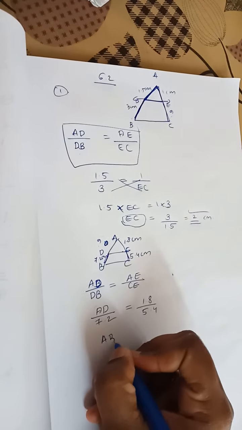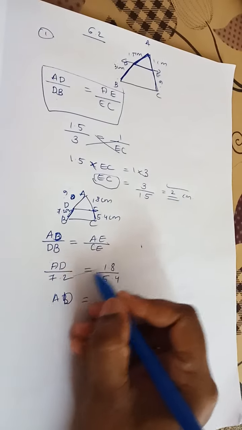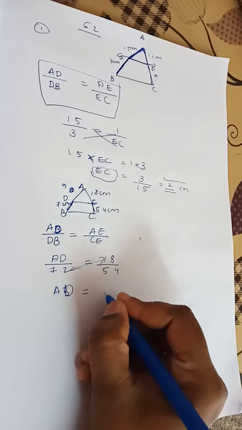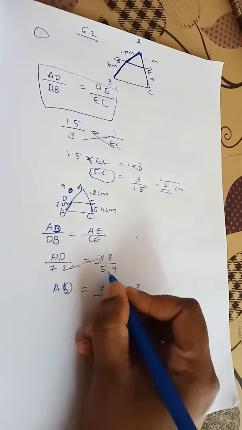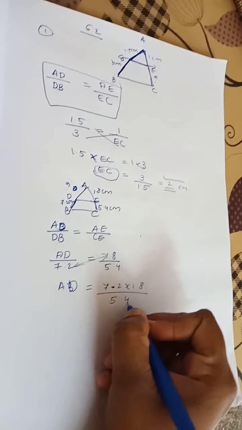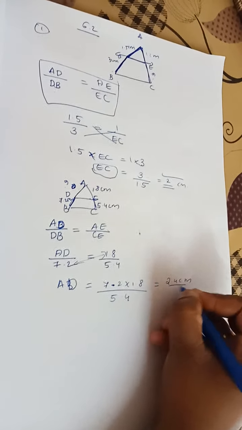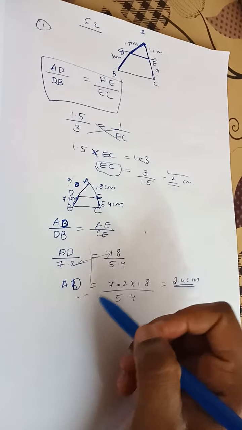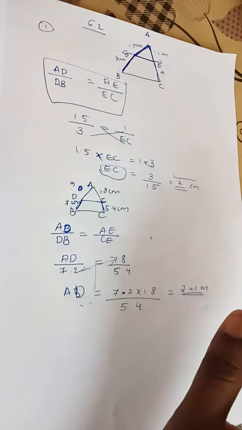To find AD, cross multiplication: 7.2 into 1.8 divided by 5.4. So we will get the final answer as 2.4 centimeter. So by applying the basic proportionality theorem, then cross multiplication, find the remaining side.